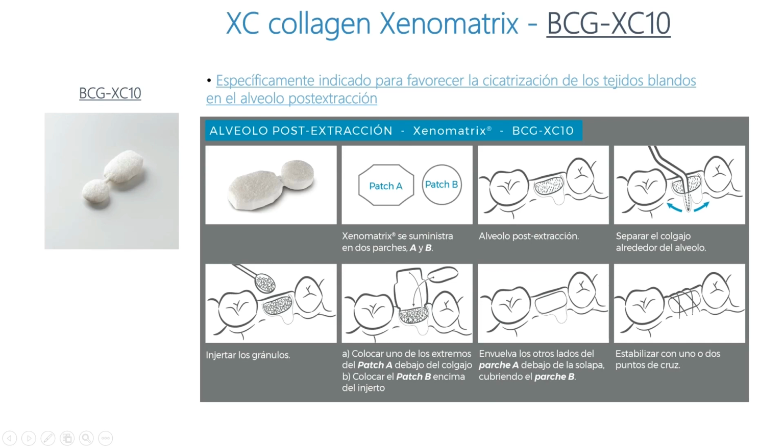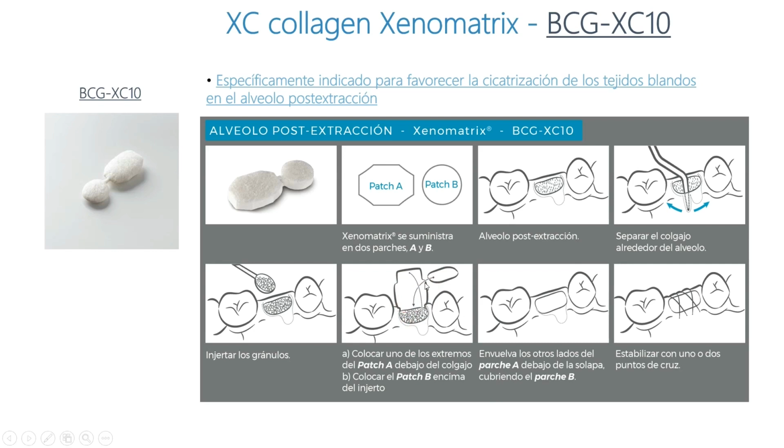So first of all, the patch A is embedded in the gingival flap here, and then the patch B is put inside, and over it the patch A is closed.